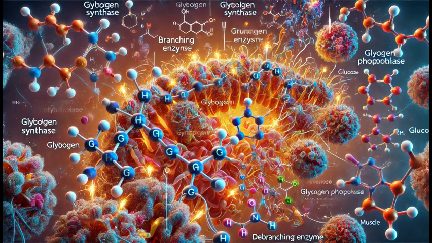So how does it balance glycogen breakdown and synthesis to keep everyone else happy? Similar to muscle tissue, the liver also responds to those hormonal signals from glucagon promoting breakdown and insulin promoting synthesis. Okay, that makes sense. But there are some liver-specific nuances to how this regulation works. I was just thinking that there must be something unique going on in the liver to make sure it can share its glucose when needed.